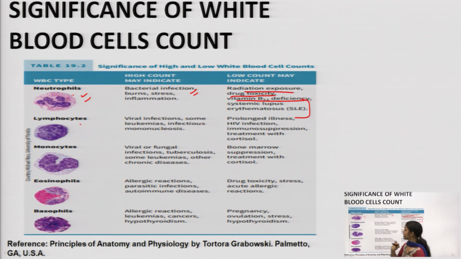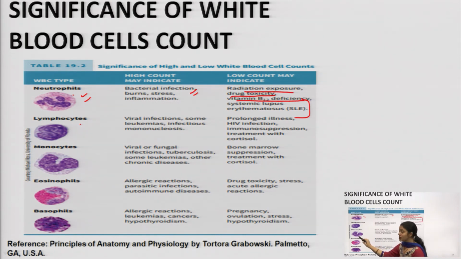Now come to the lymphocytes. In viral infection, some leukemias and infectious mononucleosis, there is a high number of lymphocytes. While the low count may indicate prolonged illness, HIV infection, or you can say AIDS, immunosuppression treatment with the cortisols.